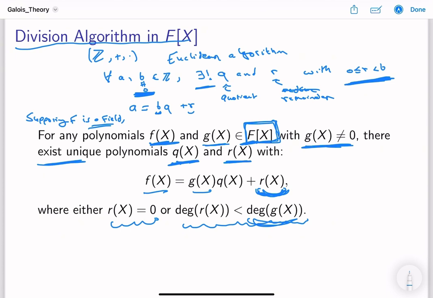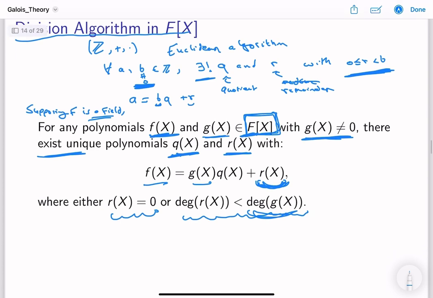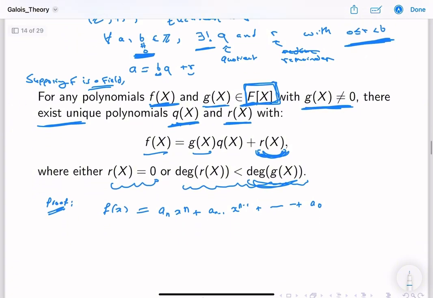All right, so let me just give you the idea of the proof, because it's a very important proof. Real quick, we have the function f of x. Let's write this polynomial as a_n x^n plus a_{n-1} x^{n-1} plus dot dot dot plus a_0.